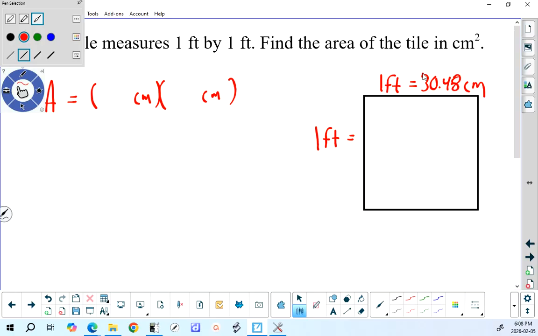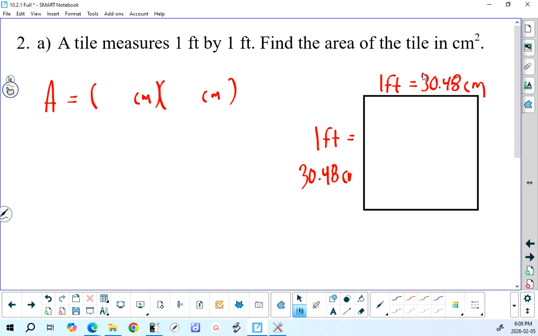And now I can calculate the area. Since I'm multiplying centimeters by centimeters, I am going to get square centimeters.